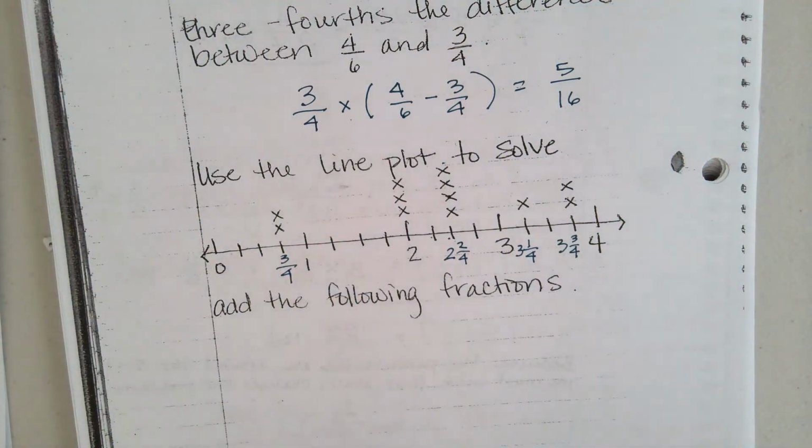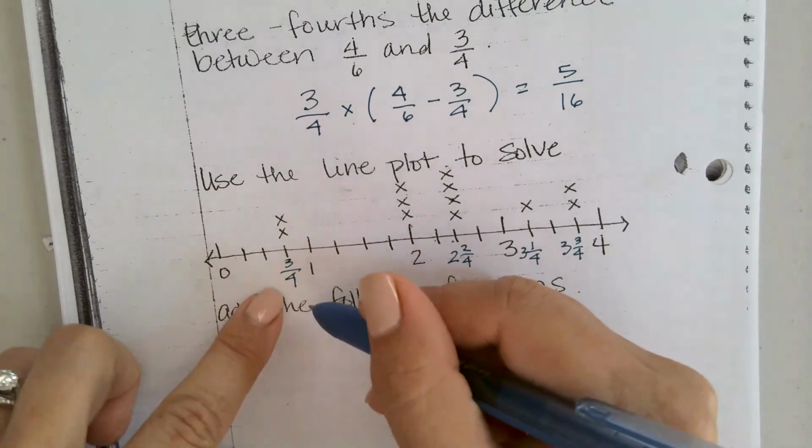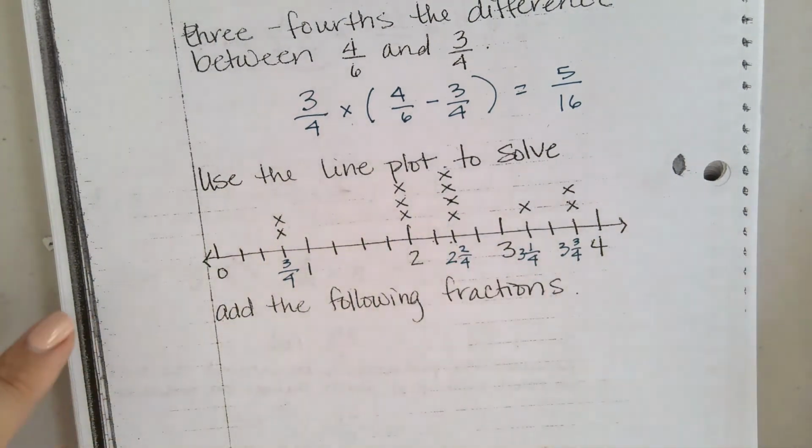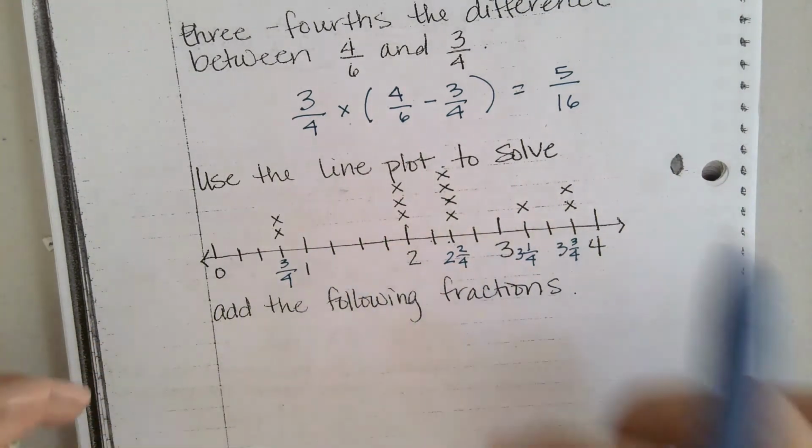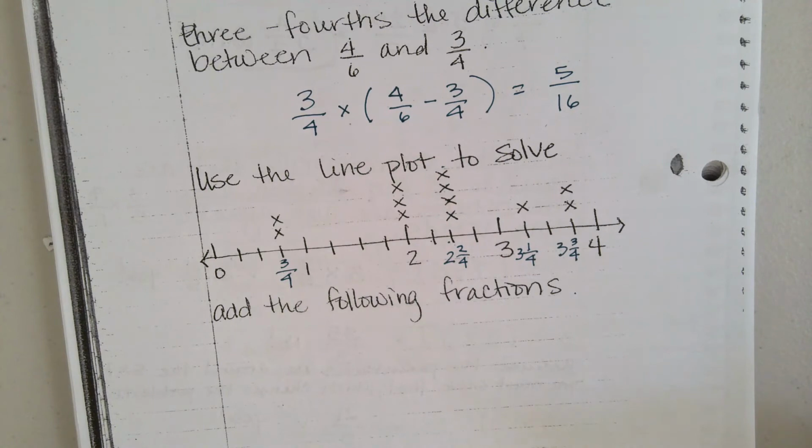So think about that as you go about adding all this up. You can multiply a whole number by a fraction to get that number in order to add everything up, or you can create one gigantic addition sentence. Okay, go ahead, start it, and come back to see how you did.